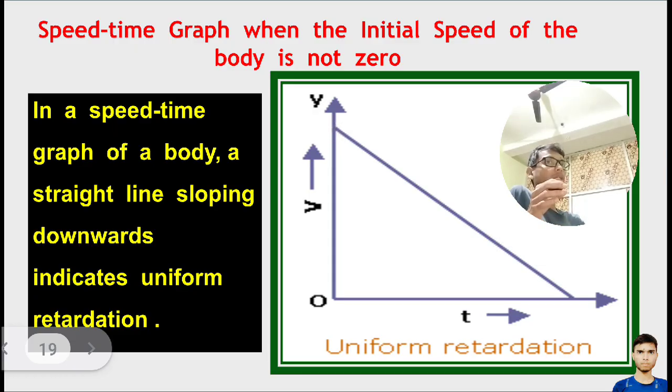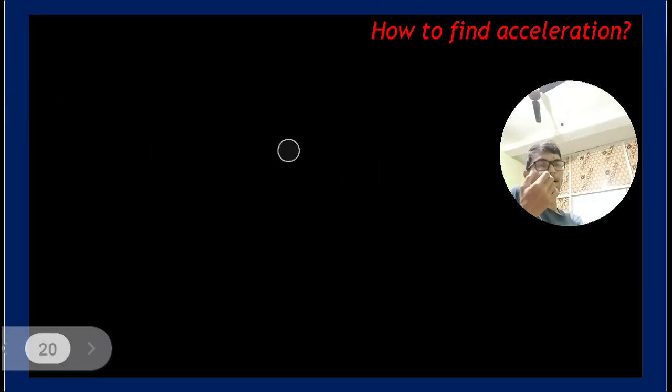It would be a number except zero. It can be 20, 50. Here it is more. It is coming downward. So here we would say the speed is decreasing. That's why this slope will be uniform retardation. Now I am moving forward. How to find acceleration? By using a formula we can find acceleration.